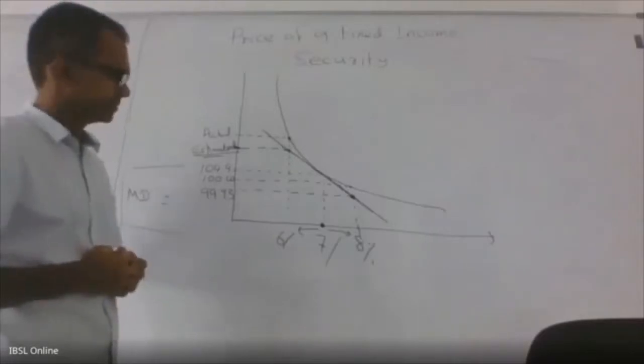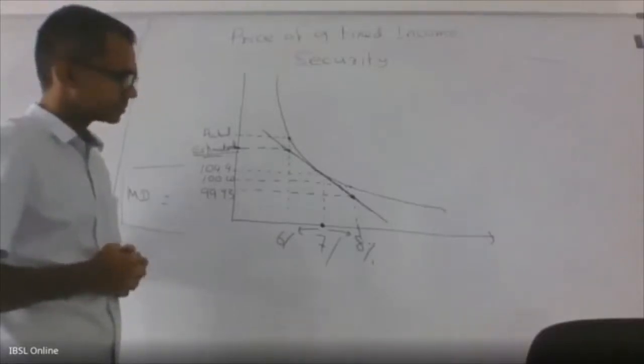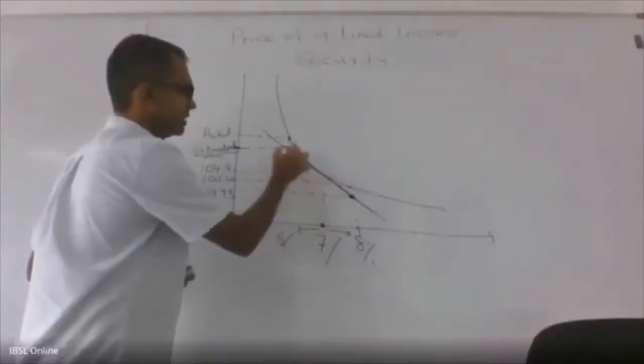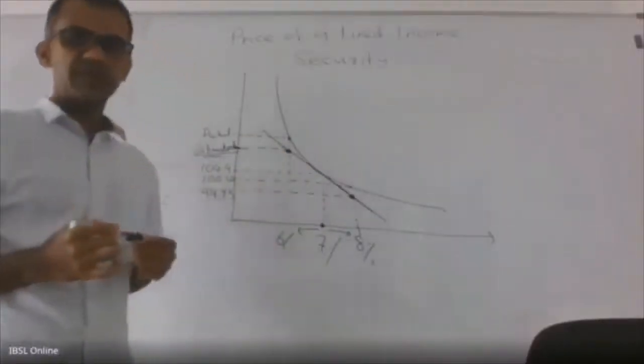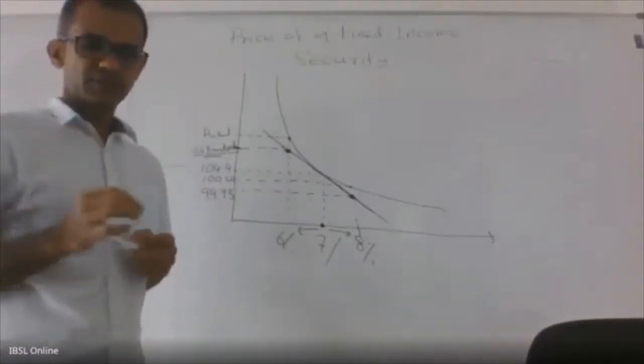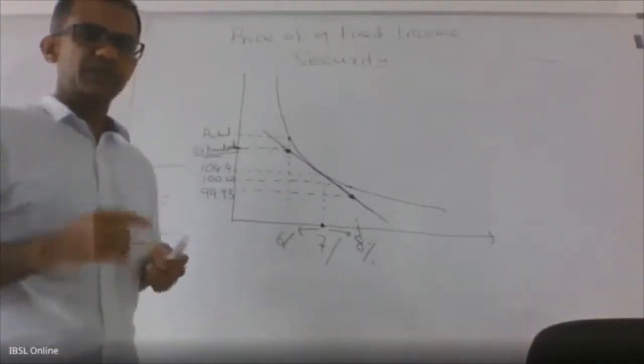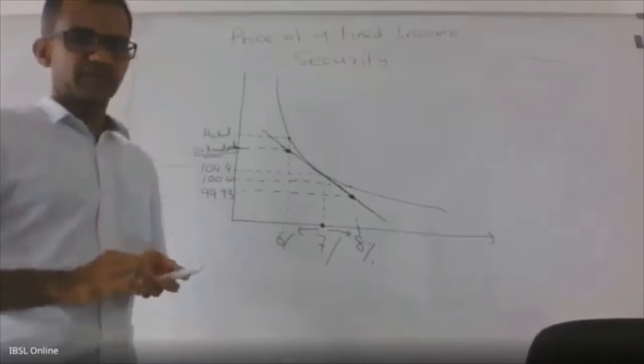Is it clear? Both times we get a lower price than the actual price when we use this modified duration to estimate the new price for a given change in yield.